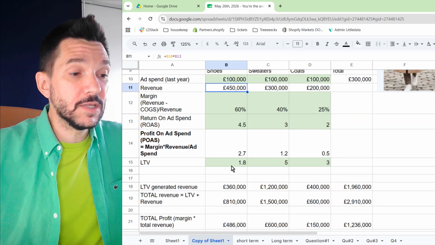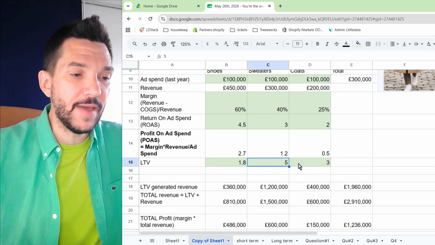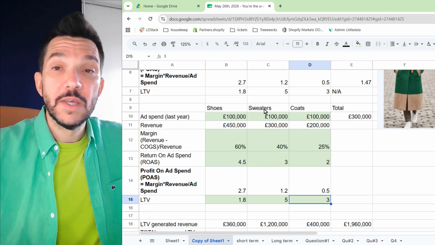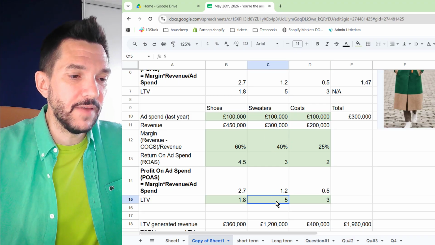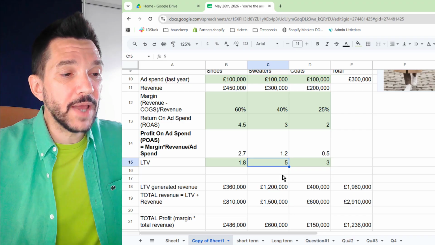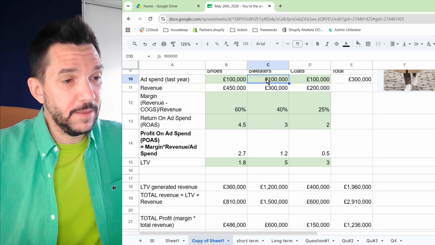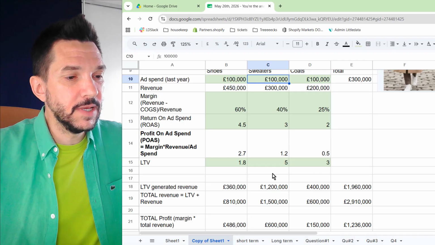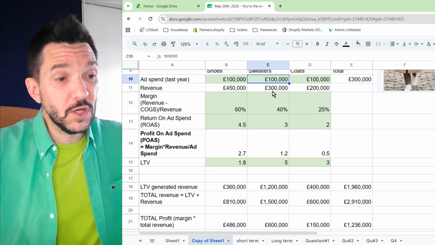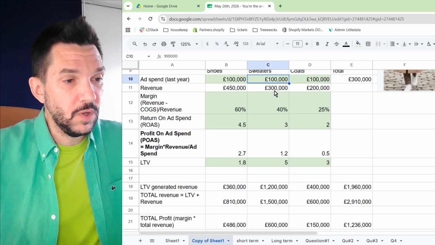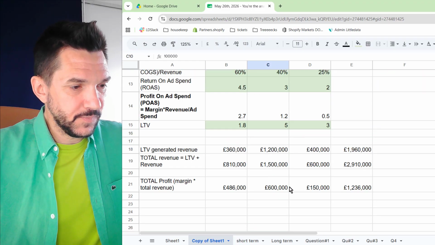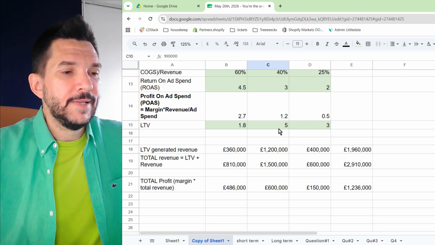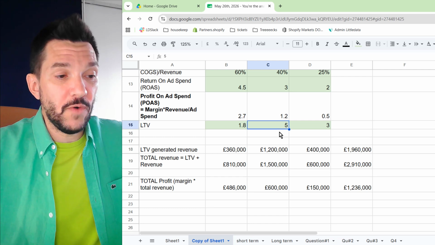But the trick is to take into account also the lifetime value, and since sweaters have the highest lifetime value of 5, that means that for each dollar you spend on sweater advertising, you get 2 additional dollars in revenue immediately, and then an additional 4 in the long run.